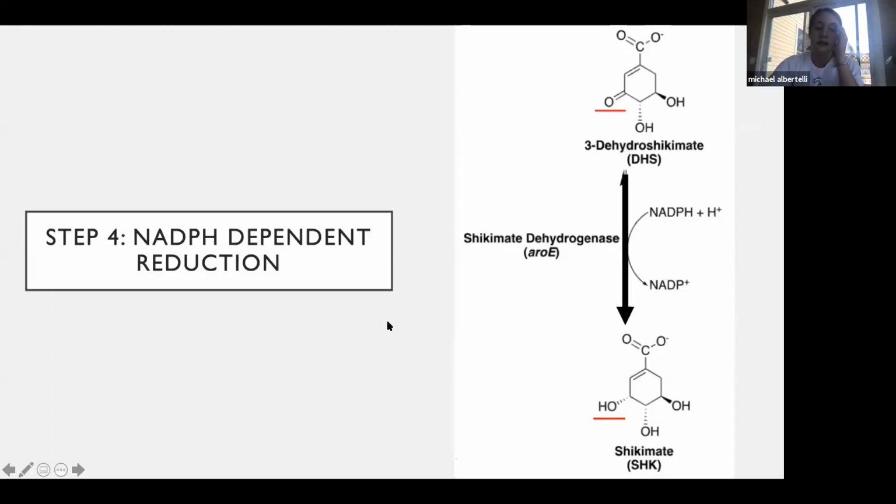Step 4 is the NADPH-dependent reduction. I don't know what your bio background is, but NADPH is an electron carrier, and it basically carries energy and is able to donate electrons and can act as a nucleophile.